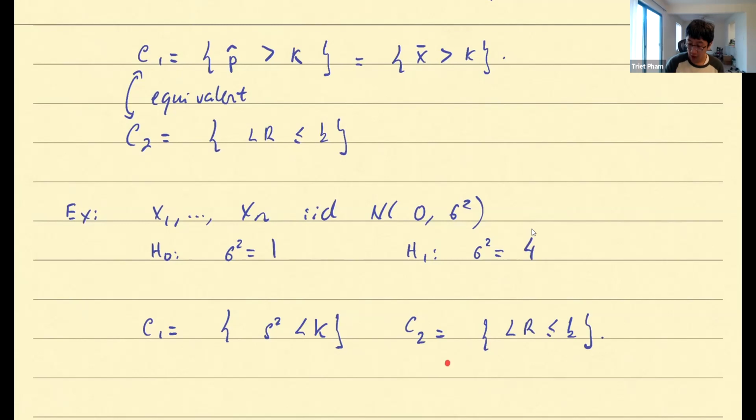What changed here? The C2 changed? The C1 changed? Correct. Only C1 changed. C2 does not change.